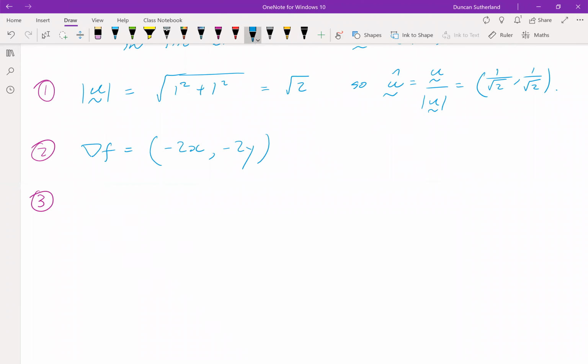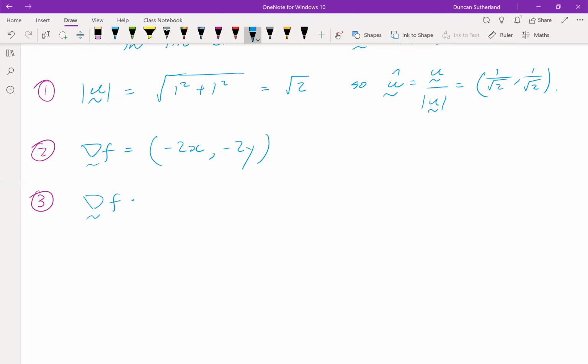Step 3, you dot these two things together. I don't usually bother putting the twiddle on grad, on the grad operator, the nabla.